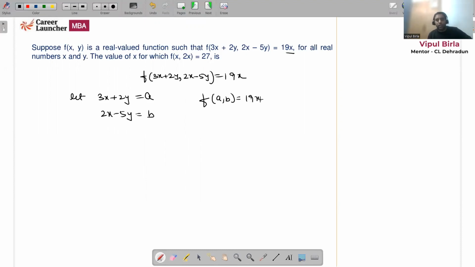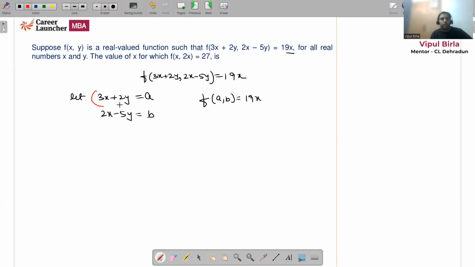Now the aim is to write x in terms of a and b so that I will be able to identify that relation, f of a, b is equal to how much of a and b in the mathematical operation, right? So from this, try and calculate the value of x by eliminating y.